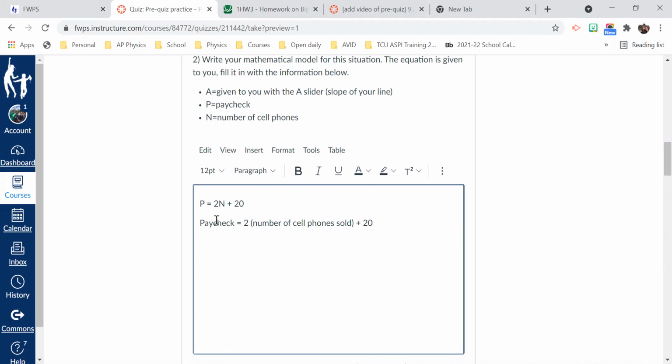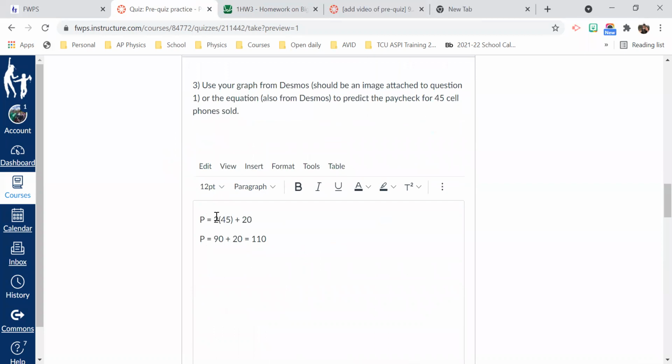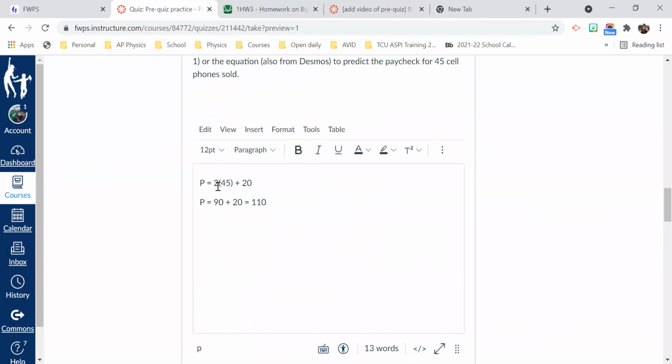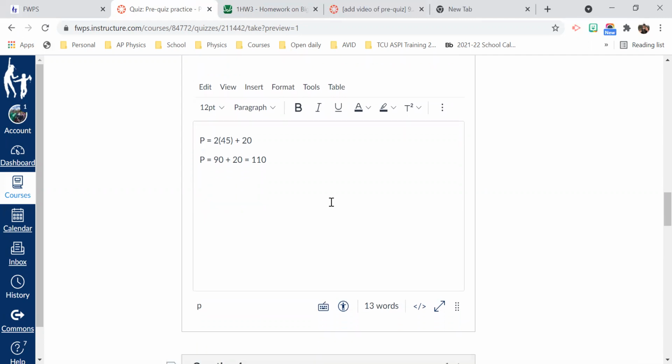Pause the video. If you haven't already calculated it, take a minute to calculate it. All righty, and we're back. Hopefully my math is correct. 2 times 45 is 90, plus 20 is 110.